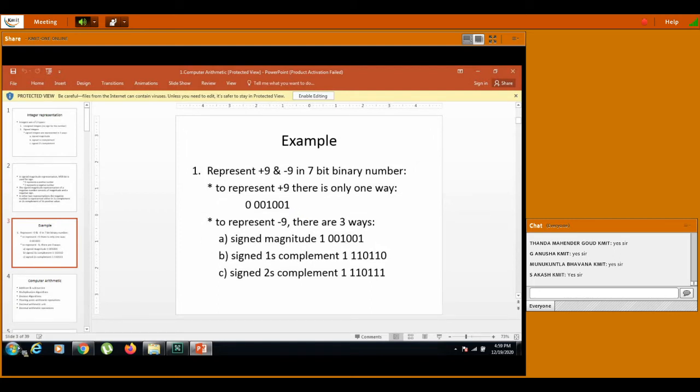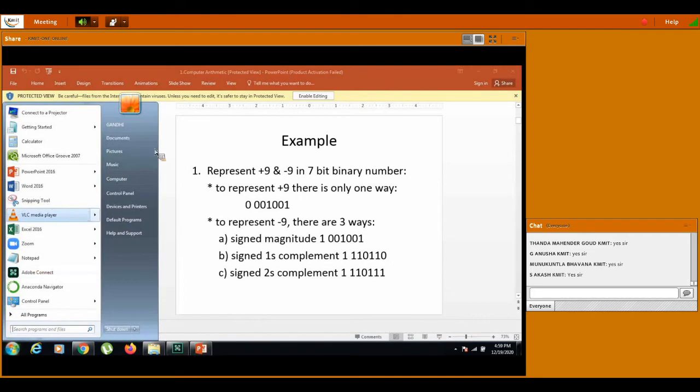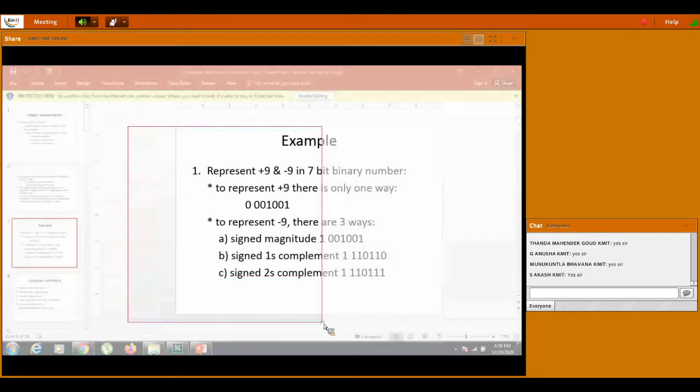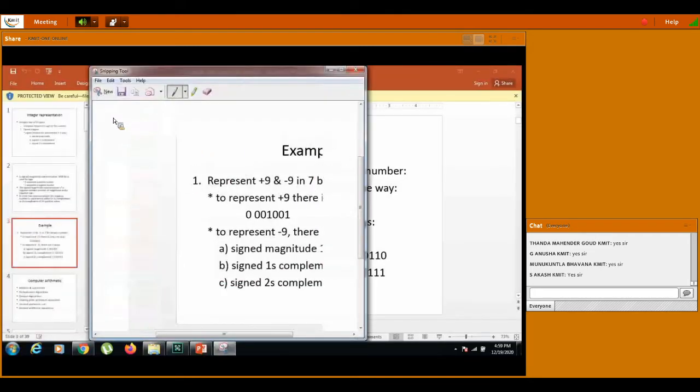For your information, please remember one code: 32, 16, 8, 4, 2, 1.